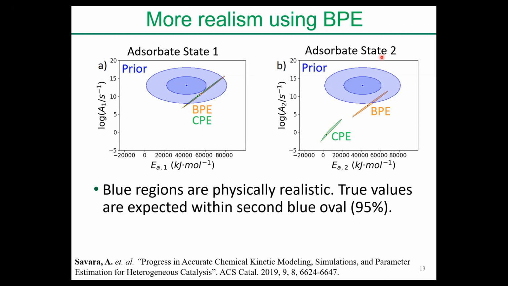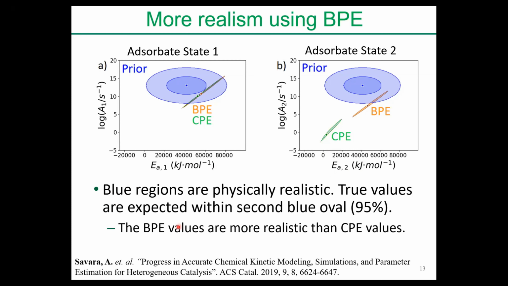But for adsorbate state two, the BPE result does give a data point which is in close agreement to the prior, while the CPE result is totally unrealistic. We have a pre-exponential that is beneath 1, this is a log scale, and we have an activation energy that's beneath 10 kilojoules per mole, maybe even beneath 5 kilojoules per mole. This should be joules. There's a misprint here in the axis. So the BPE values are more realistic than the CPE values.